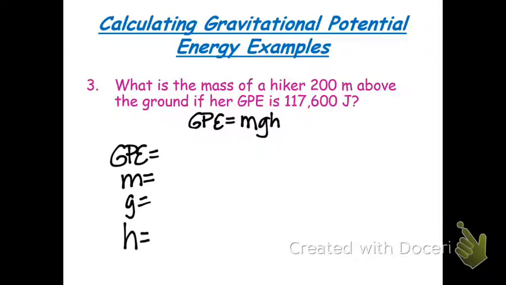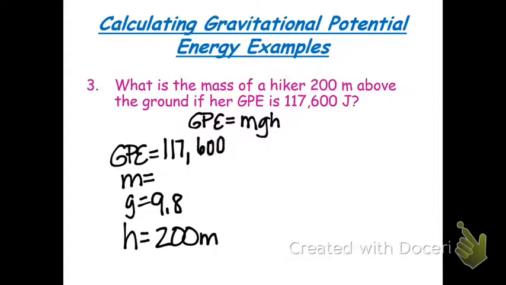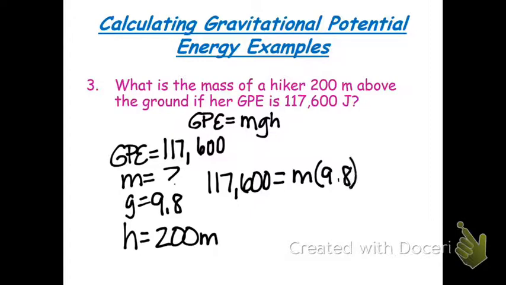Height is 200 meters. We have 9.8, can't forget about that one. And then they give us a GPE of 117,600. So we're solving for m. So 117,600 is equal to m, which we don't know, times g times height.